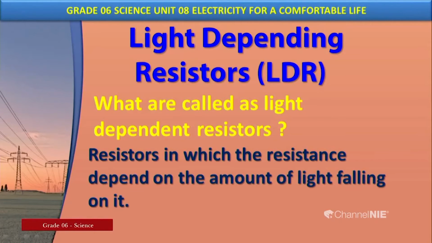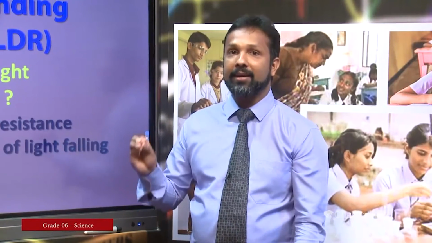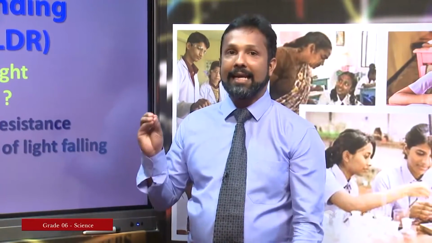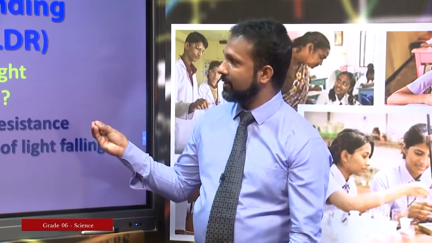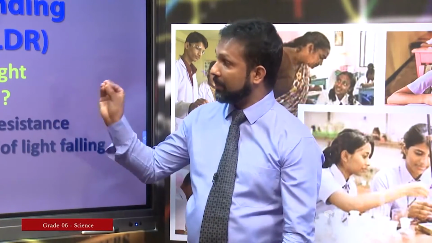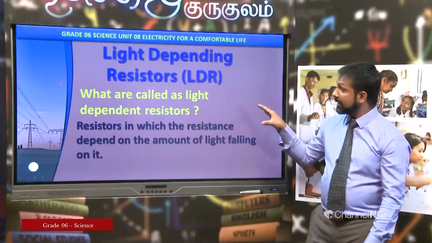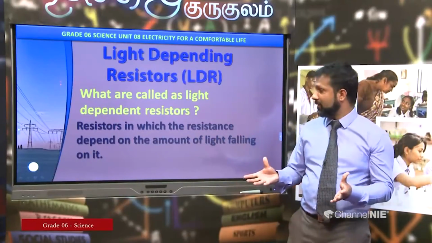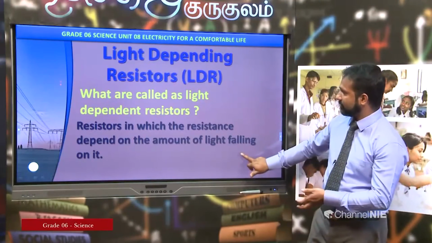Resistors in which the resistance depends on the amount of light falling on it are called light dependent resistors or LDR. Right. What are called LDR or light dependent resistors? Resistors in which the resistance depends on the amount of light falling on it.